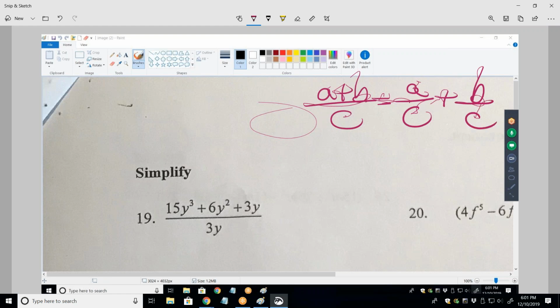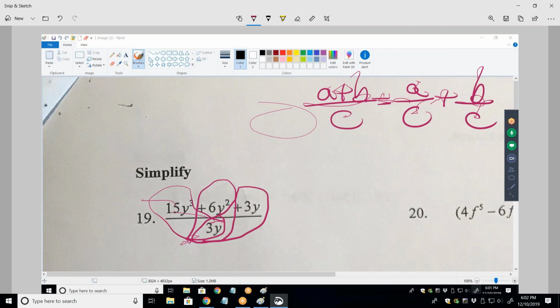Even if I have a plus b plus e over c, I can separate it into three fractions. That's what we have here. In other words, here's our three fractions. There's one of them. There's two of them. There's three of them. And that's your goal. Turn that into three different answers.